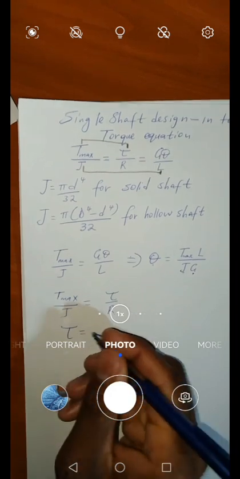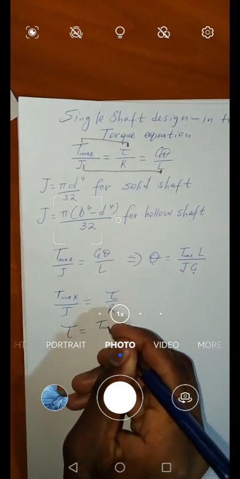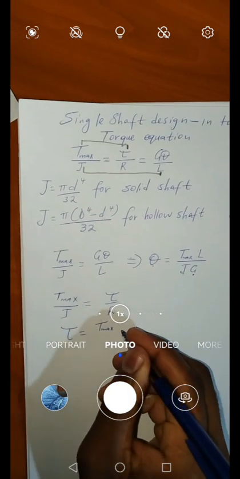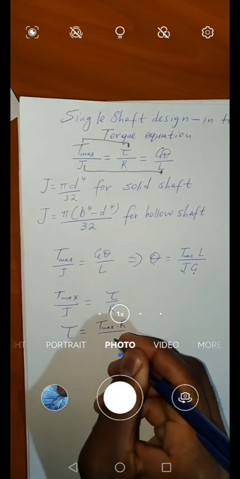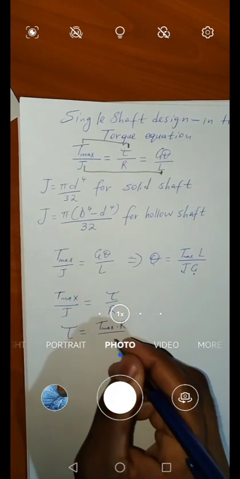Shear stress will be equals to T max multiplied by R over J.